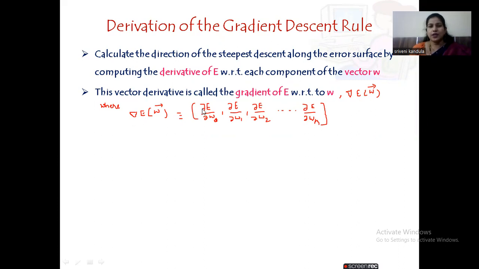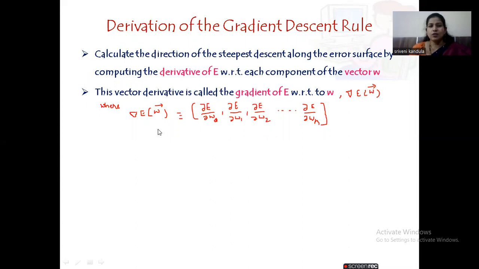We can represent it as the partial derivatives of the error with respect to the various weights W0, W1, W2, and so on up to Wn. This is how we represent ∇E(W), the gradient of E.